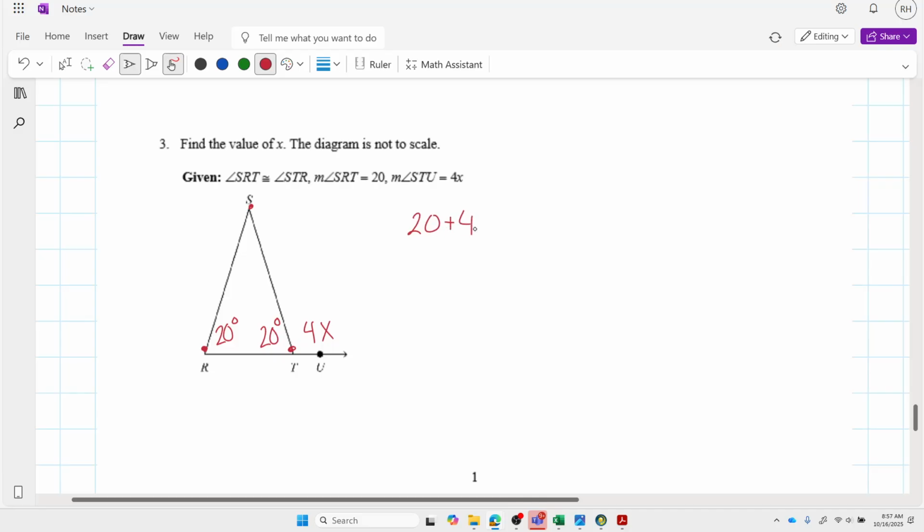Very good. They sum to 180. So 20 plus 4x equals 180. Subtract 20 from each side. 4x equals 160. Divide by 4. And x equals 40.